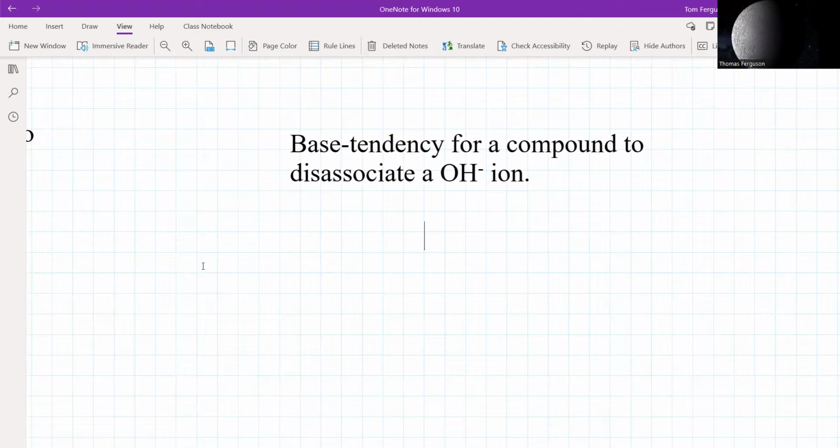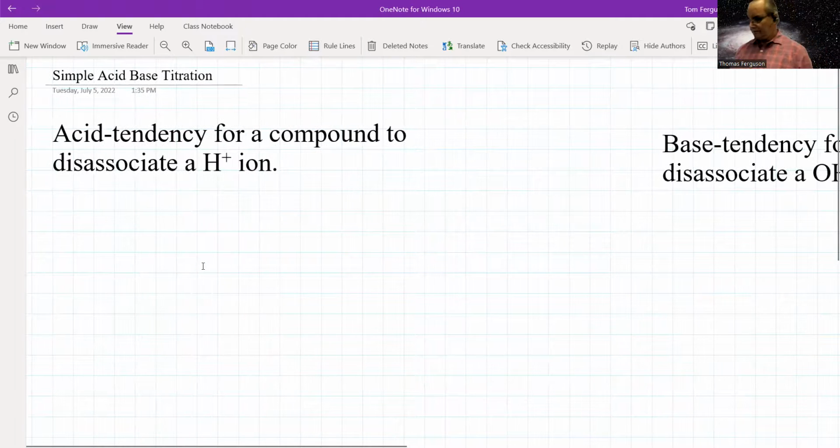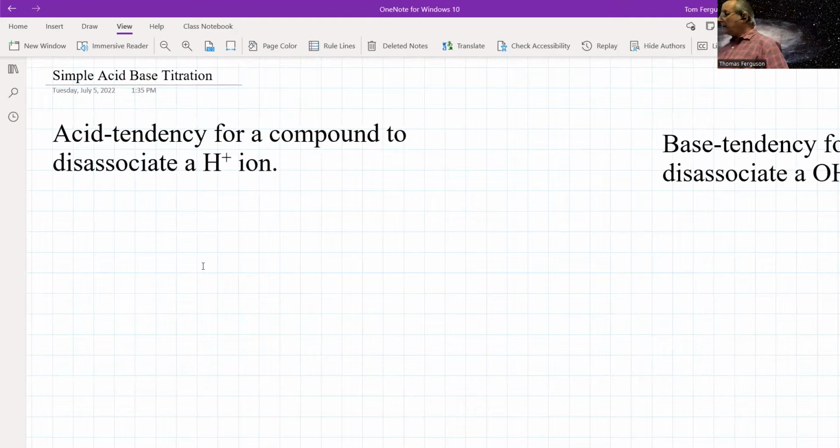Now, within that context, we have three situations. We can have a strong acid.